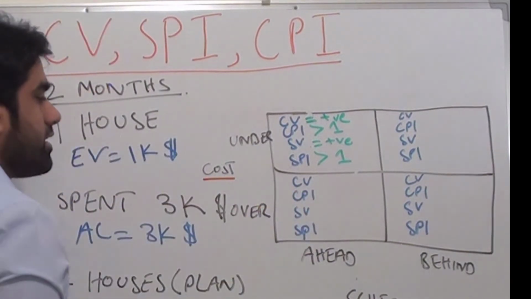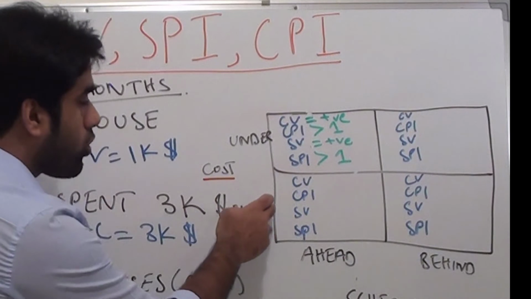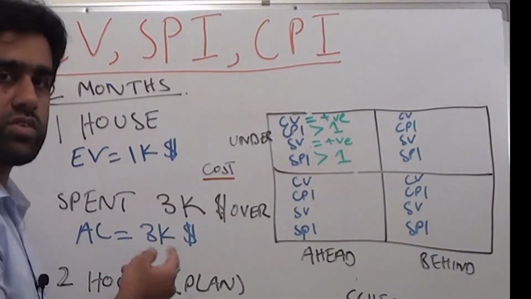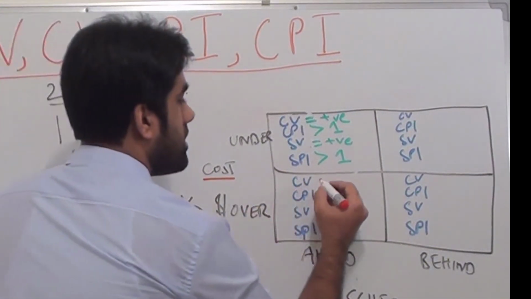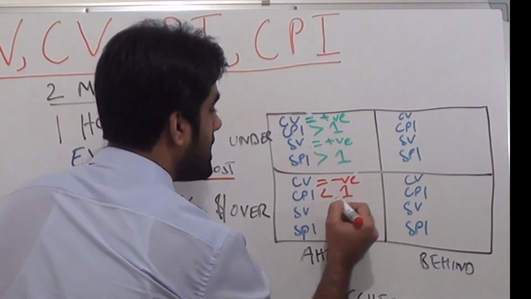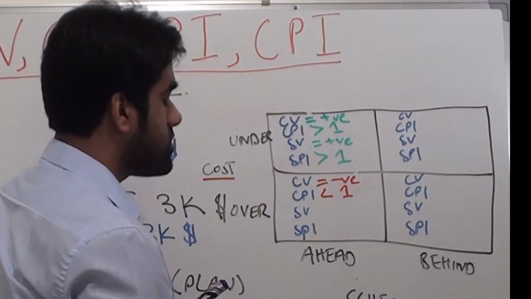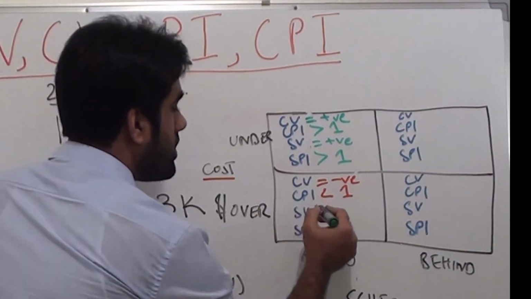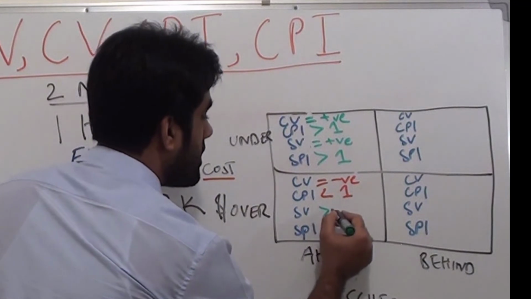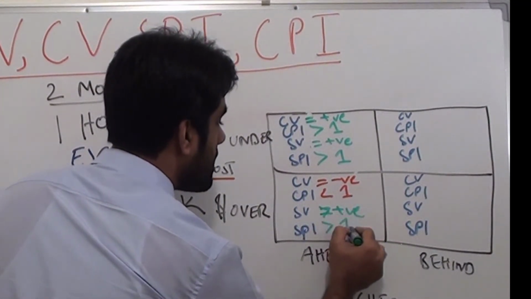Let's come here. This is over budget in terms of cost. So what will be the cost variance here? Yes, negative, and CPI will be less than 1. But this box is showing that we are ahead of schedule, so schedule variance will be positive and SPI will be greater than 1.